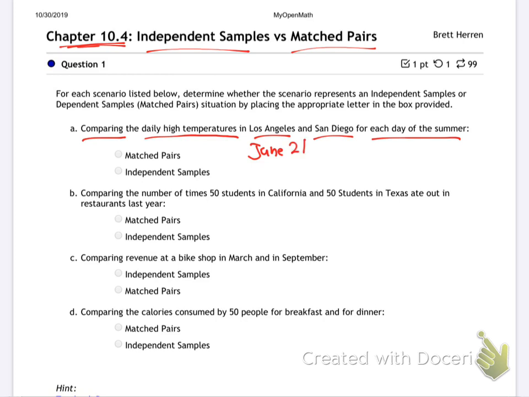They're going to say June 21st, LA and San Diego, and then give you the high temperature. Maybe in LA that day it'd be 91, and San Diego 89. Then June 22nd, the high in LA was 90, and it was 89 again in San Diego, etc. That's what they're talking about.